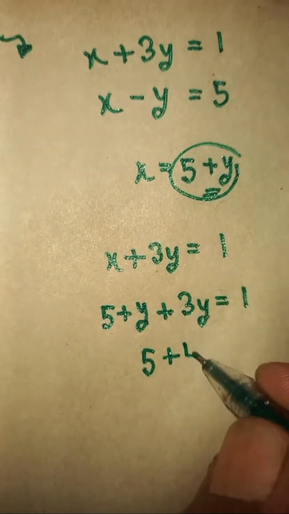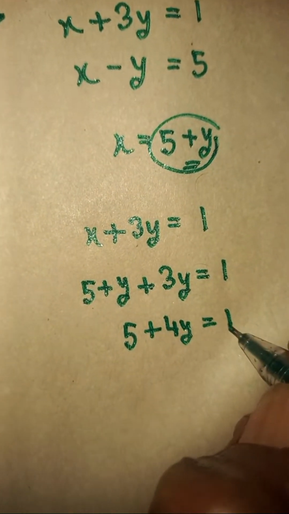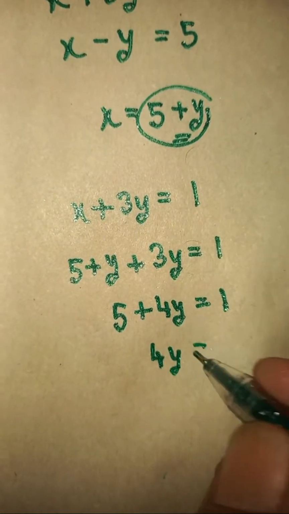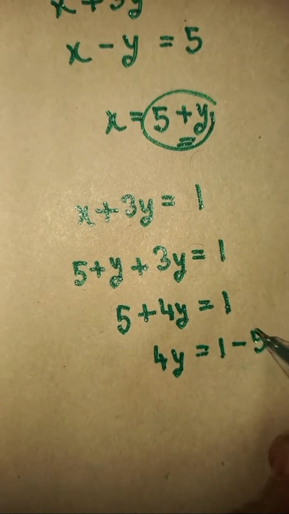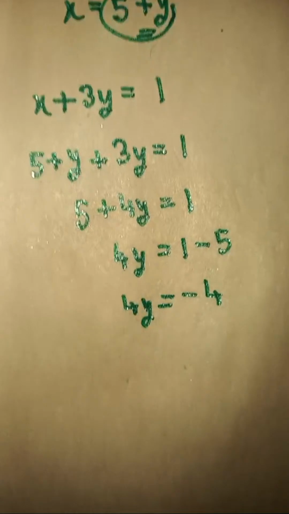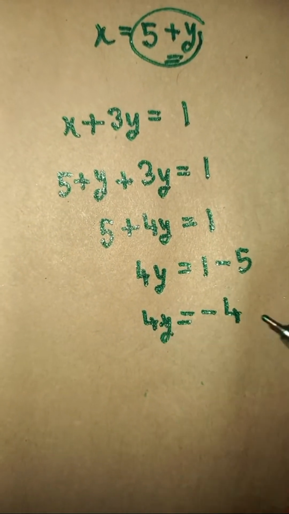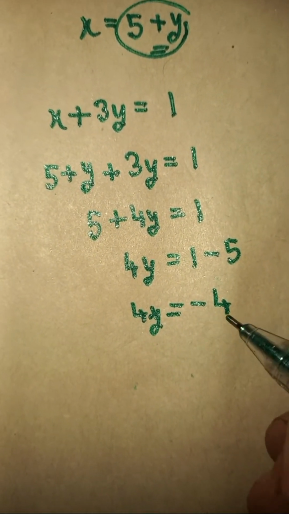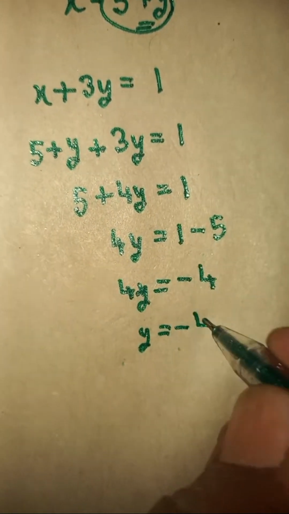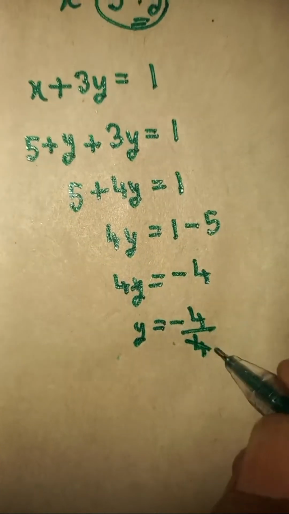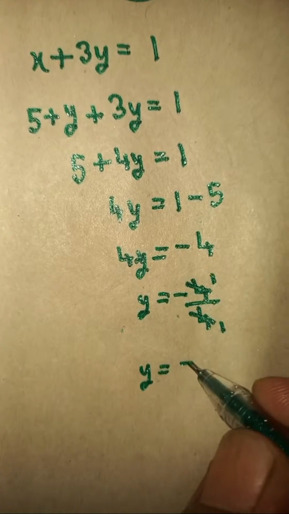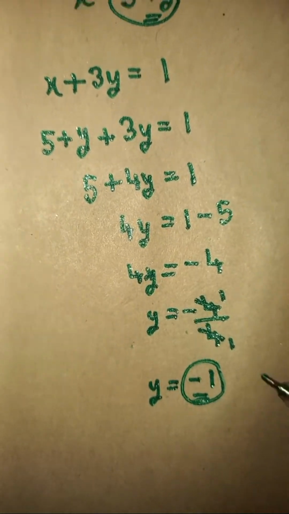So 5 plus 4y equal to 1. Send this 5 to the other side, it becomes minus 5. 4y equal to 1 minus 5, so 4y equal to minus 4. This 4y is 4 times y. 4 goes to the denominator, so y becomes equal to minus 4 by 4. 4 once is 4, with the minus remaining in front. So y equal to minus 1.